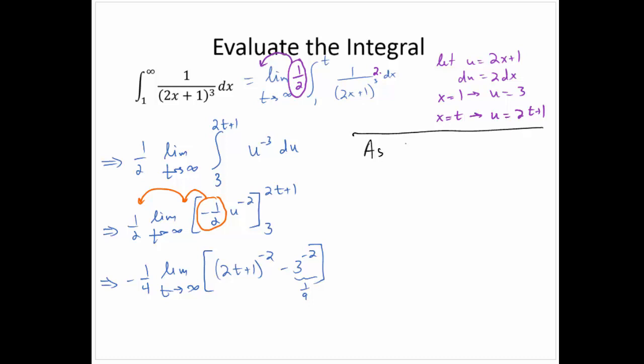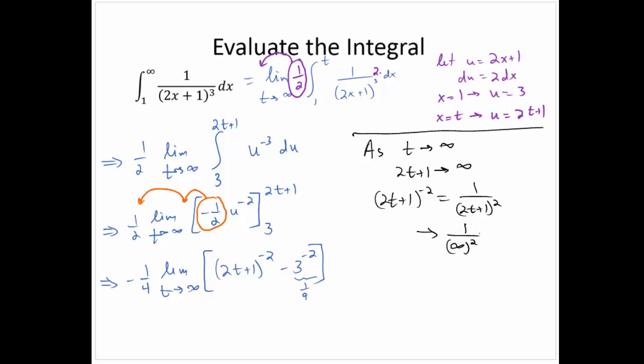As t approaches infinity, 2t plus 1 would also approach infinity. And then 2t plus 1 to the negative second power, well, that would be 1 over 2t plus 1 to the positive second. And so then that would approach 1 over infinity to the second power.